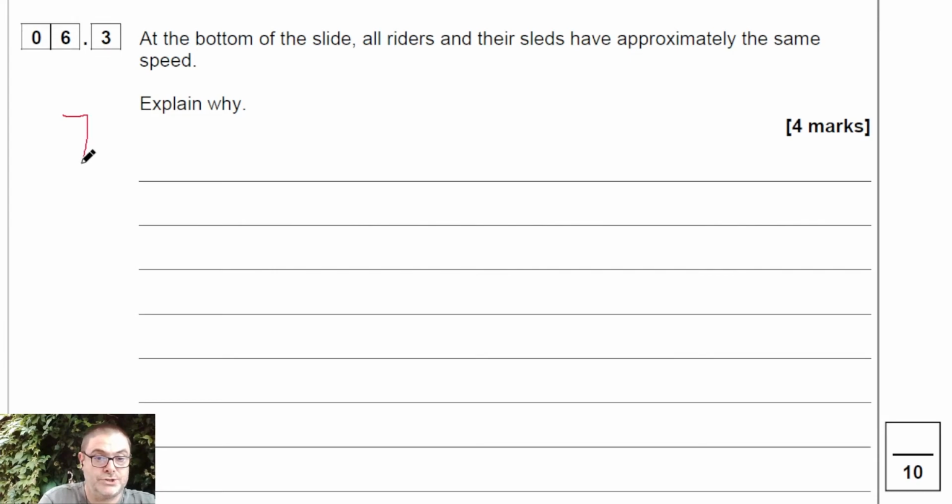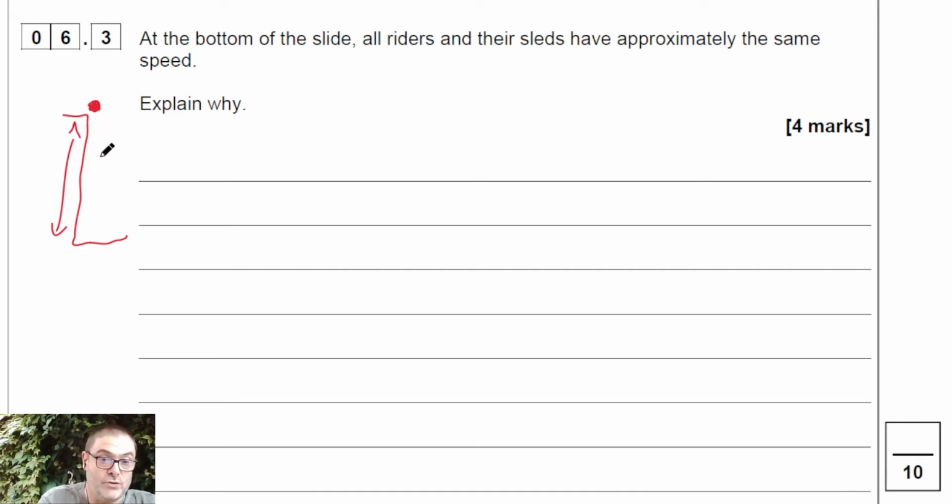Well, in order to do this, you have to jump into some algebra. So first of all, let's remind ourselves what's happening. If you drop an object off a cliff, then at the top of the cliff it's got no kinetic energy because it's not moving. But it does have a good stack of gravitational potential energy because it's quite high.